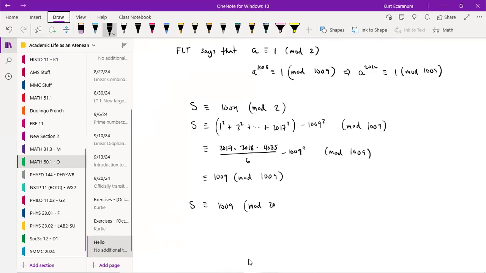So it's really useful. S is 1009 modulo 2018. And this is the remainder. And I think it is the remainder, actually. So yeah.